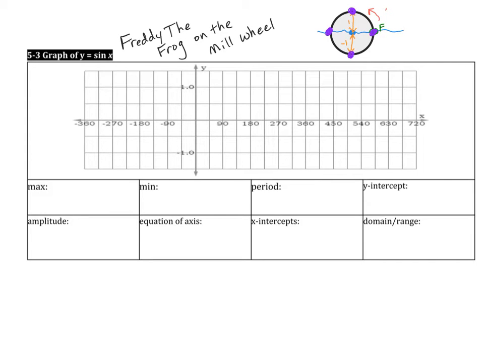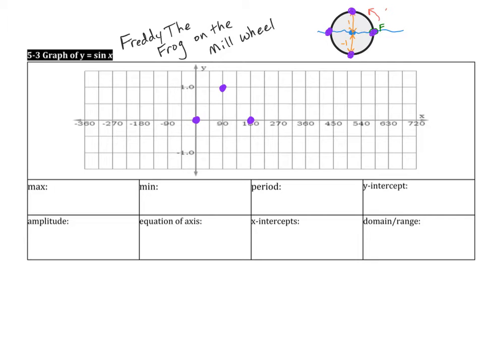So what you want to remember is Freddy started with 0 degrees of rotation and his height was 0. Then after 90 degrees of rotation, he was at the maximum height of 1 meter. Then after another 90 degrees of rotation, which brought him to 180 degrees, he was back at the axis, which was a height of 0.